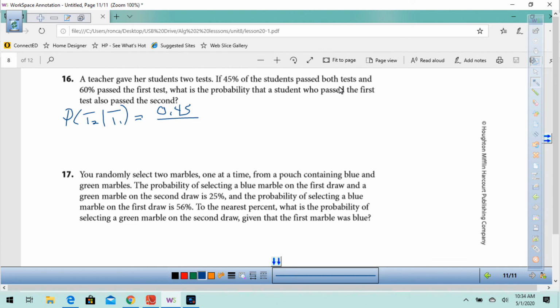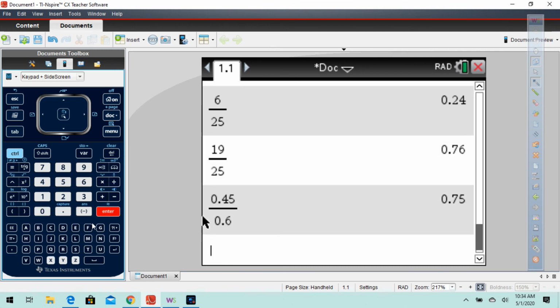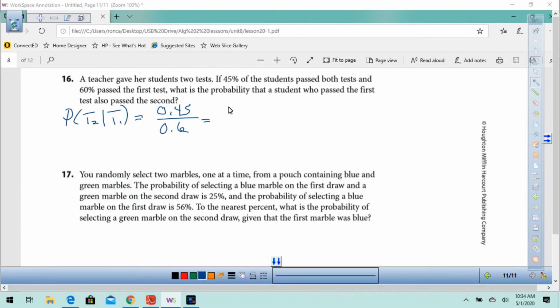And 60% passed the first, so that's going to be 0.6. So we have 0.45 divided by 0.6, and that's 0.75.